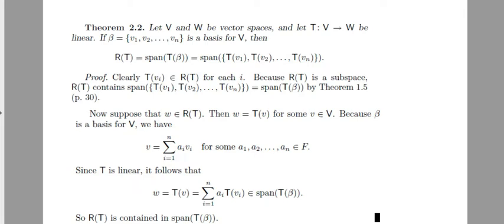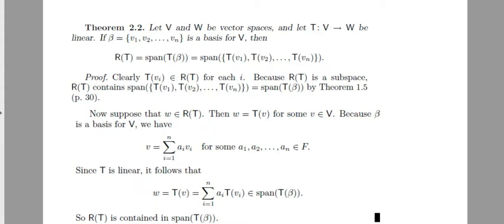Now since Vi belong to V, T of Vi will belong to range space of T. So TVi belong to range space of T. Since range space of T is a subspace, range space of T will contain the span of TV1, TV2, TVn. That is, it contains span of T of beta. So now we want to see that this range space of T is contained in span of T of beta. So let us take an element of range space of T. Let W belong to R(T).